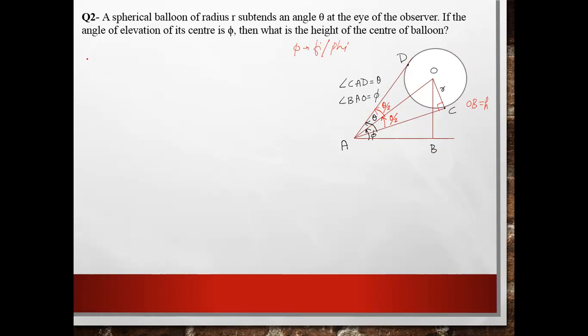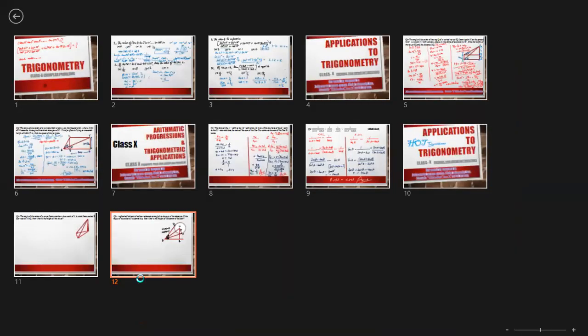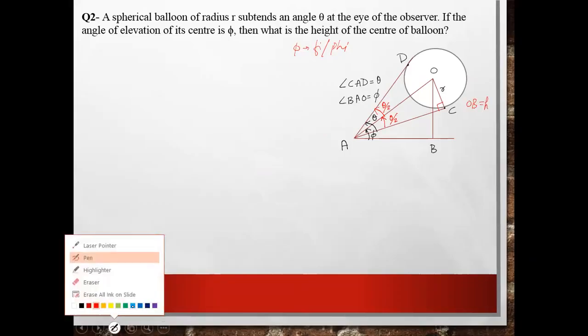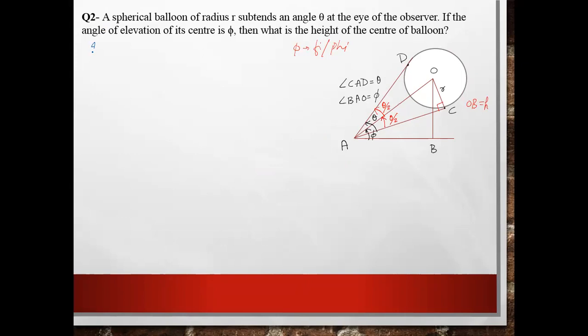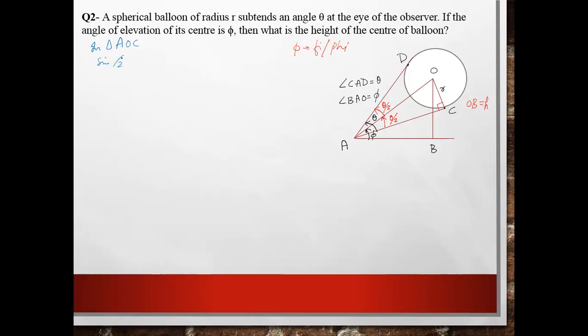So let's start. First, I consider triangle. Let me select blue pen. All right. So in triangle AOC, if I apply sine of theta by 2, this is theta by 2, sine of theta by 2, what will I get?